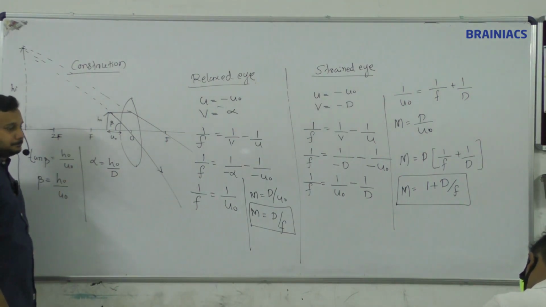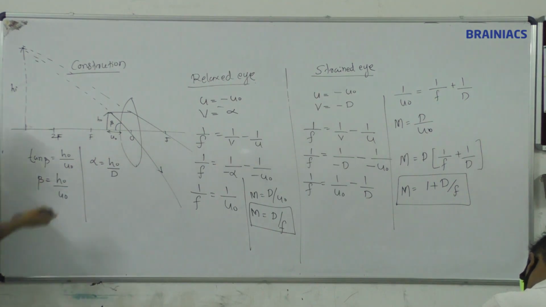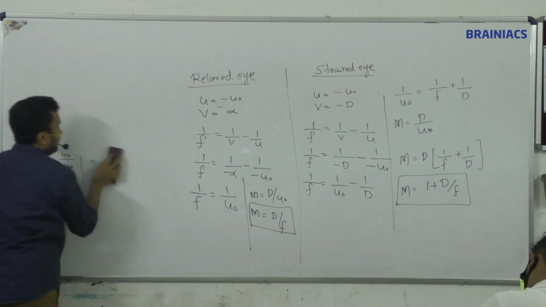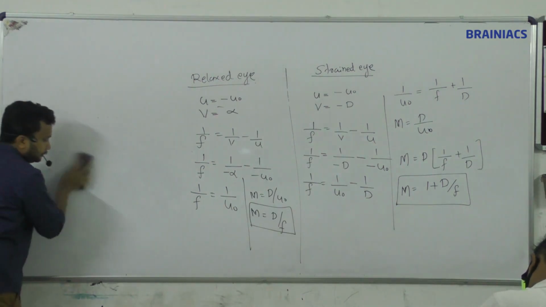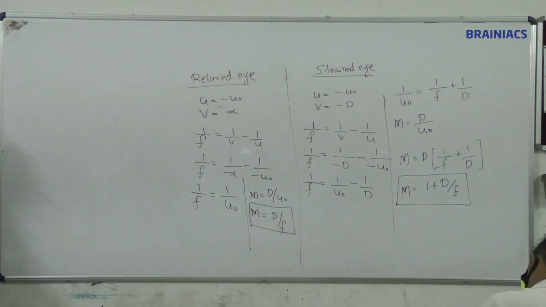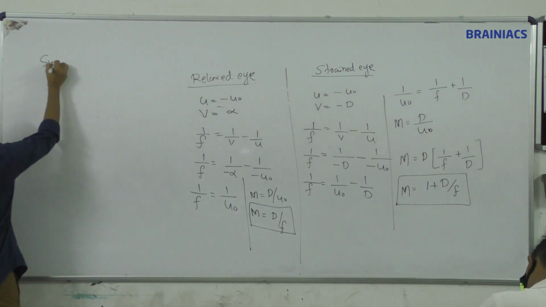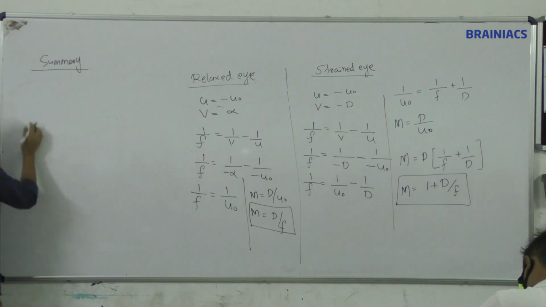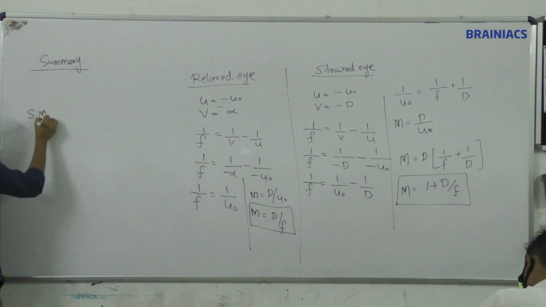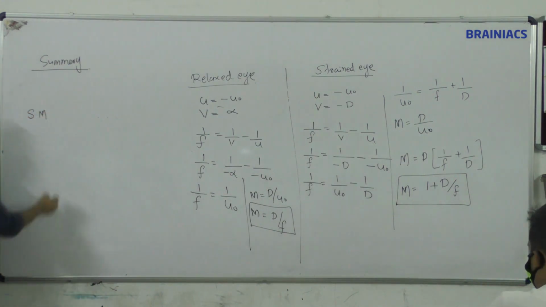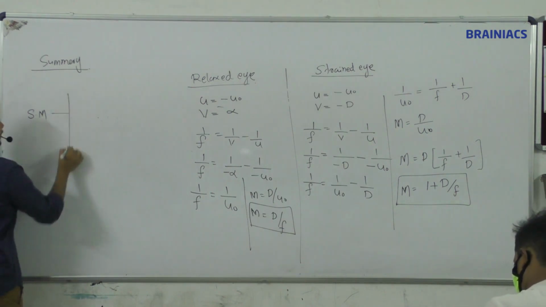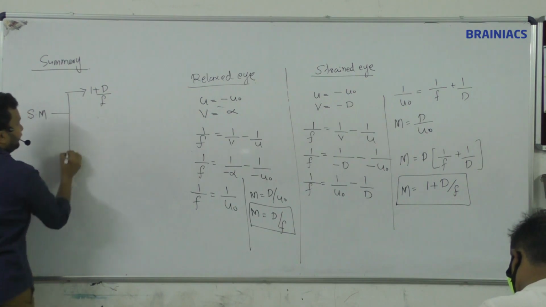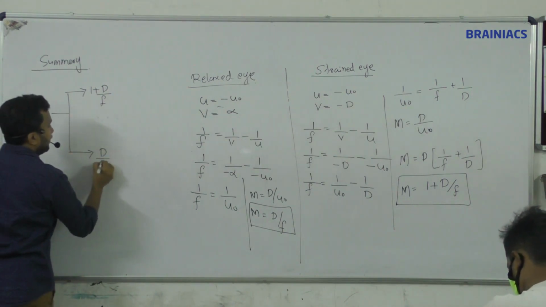Below, write a summary. For a simple microscope, there are two magnification cases: 1 plus D by f, and another one, D by f.